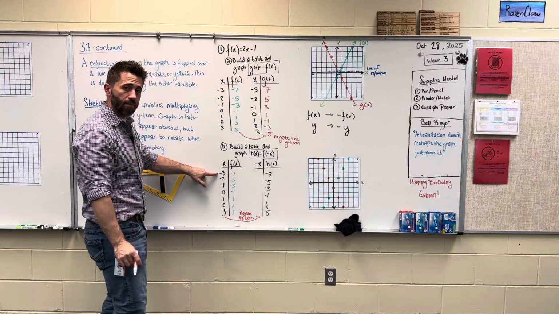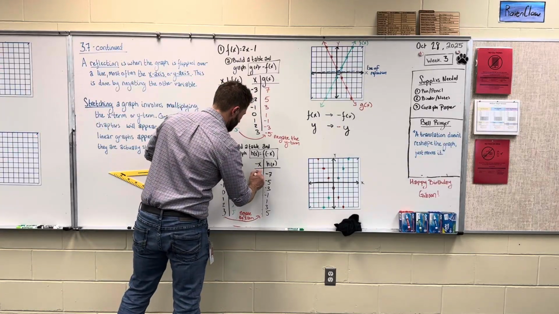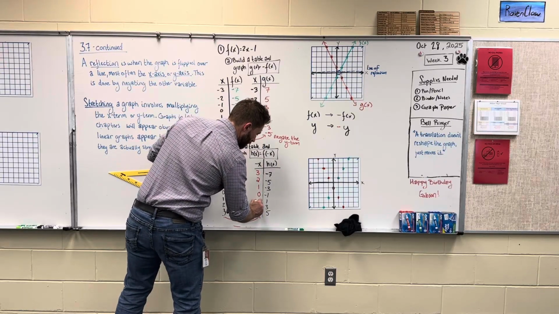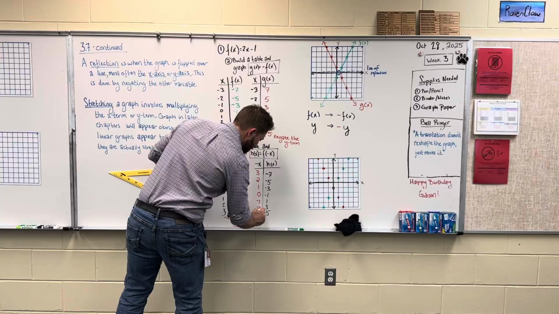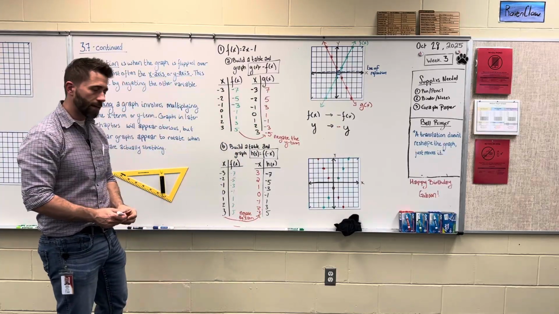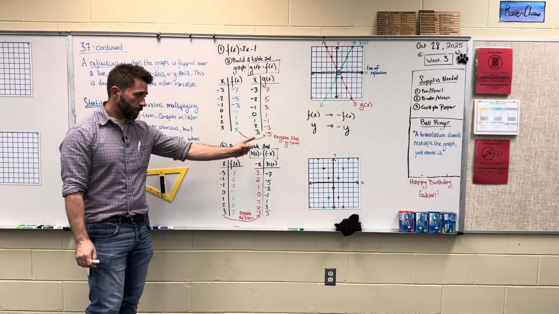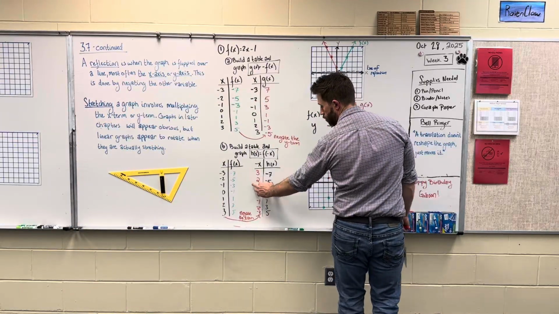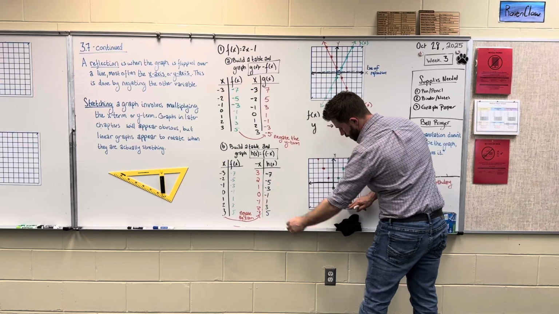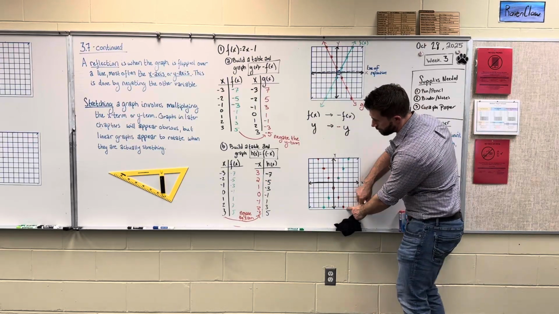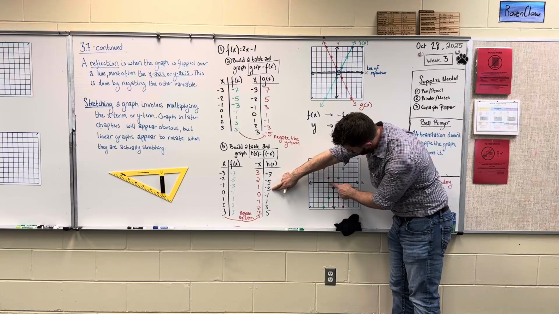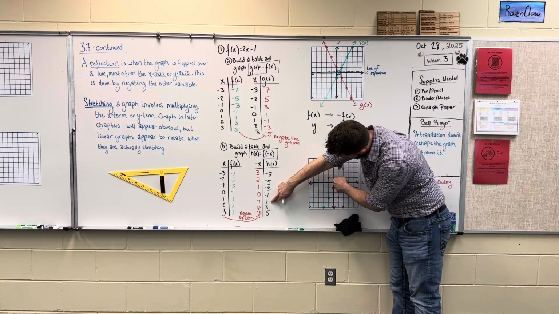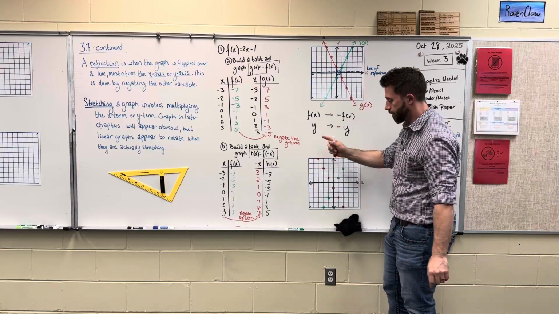So I'm going to make it -3, -2, -1, -0, -1, -2, -3. So I get that. And lo and behold, every one of those red points is already graphed. 2, -5, I've already got that on there. 1, -3 is 1, -3. 0, -1, and so on and so forth.